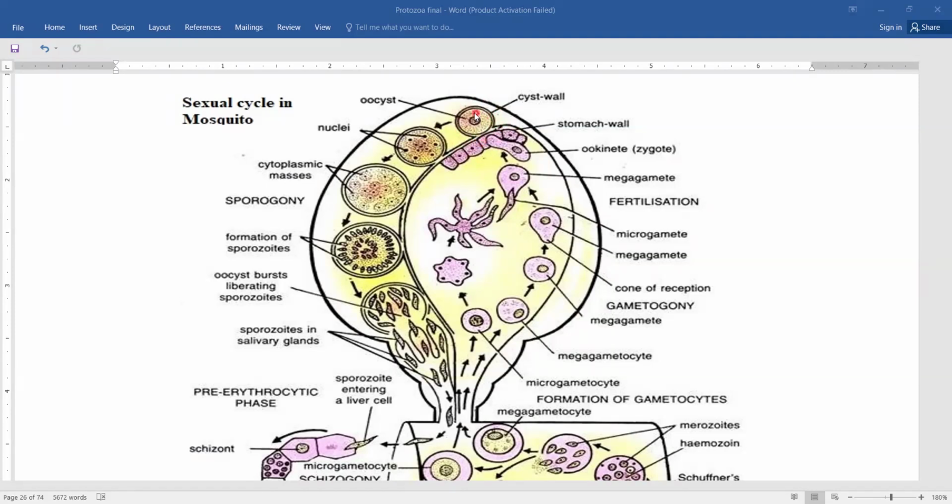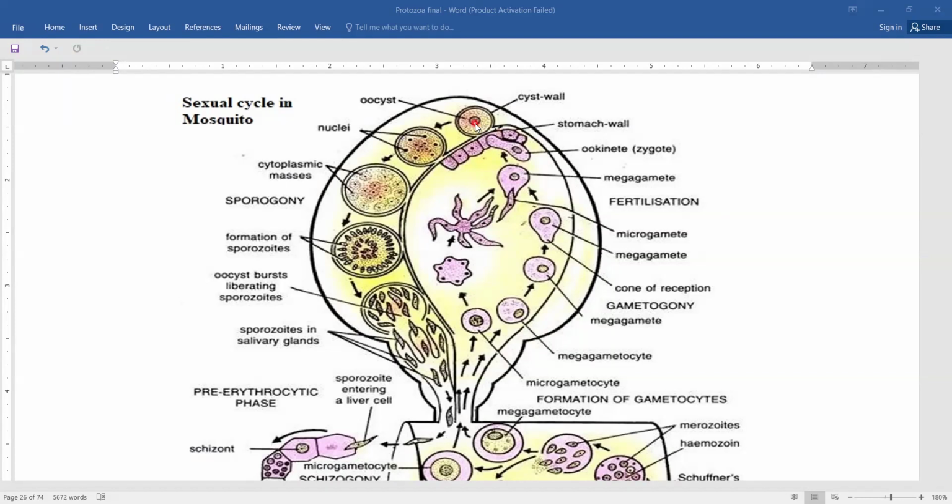Okay, it makes a cyst surrounding this zygote. So this elongated form of the zygote is called the ookinete. Okay. So now the ookinete with a cyst wall is called the oocyst. Sir Ronald Ross.